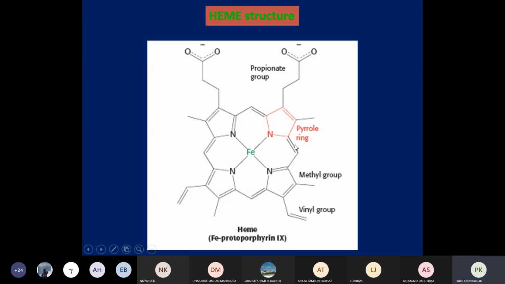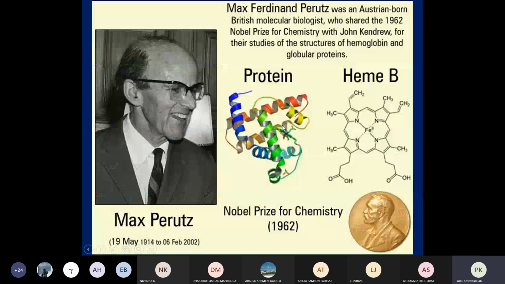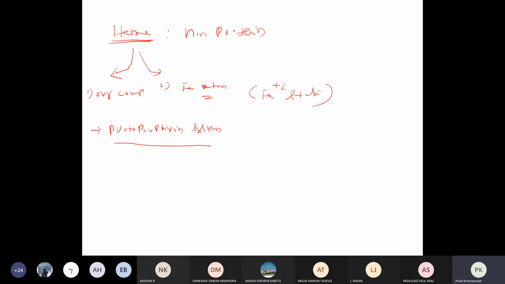And if you can see carefully this structure, it has many components, and the simplest way to remember and draw this structure is that this protoporphyrin is composed of 4 pyrrole rings. So we know pyrrole, this is the structure of the pyrrole.